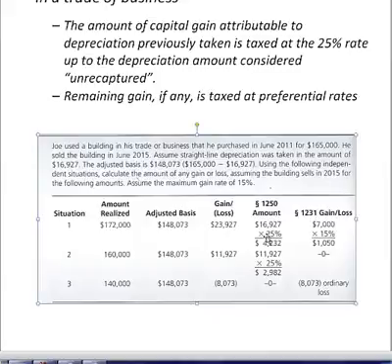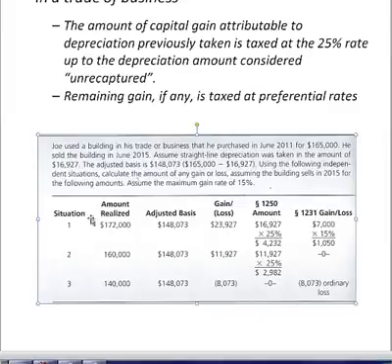So the adjusted basis of the building is $148,073. We started at $165,000, and we have to reduce the basis by the depreciation that was taken. So that lowers the basis to $148,073. We're going to look at these independent situations, and we're assuming that the capital gains rate, the preferential tax rate, will be 15%.